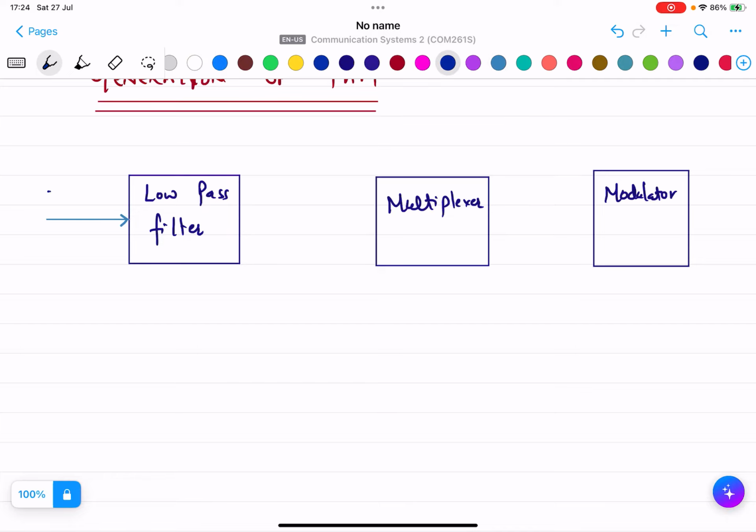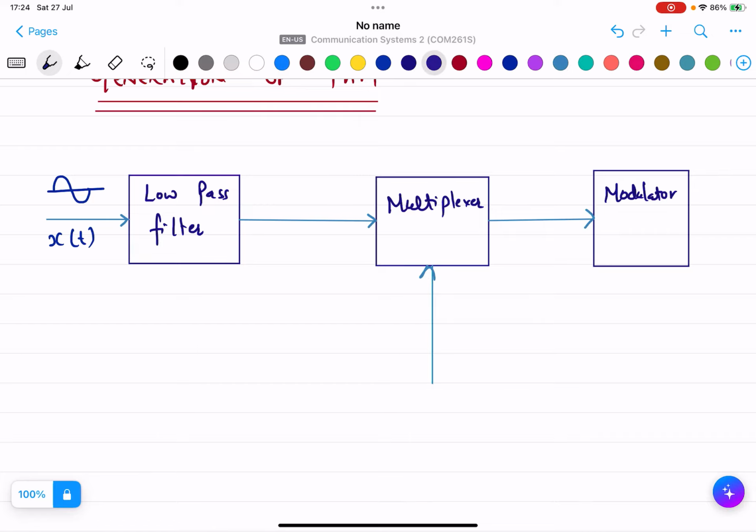Suppose I am passing a simple sinusoidal waveform, and this signal is x(t). Let me draw this first. It passes through the low pass filter first.